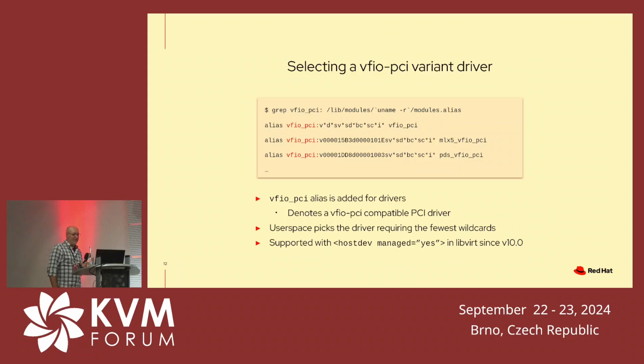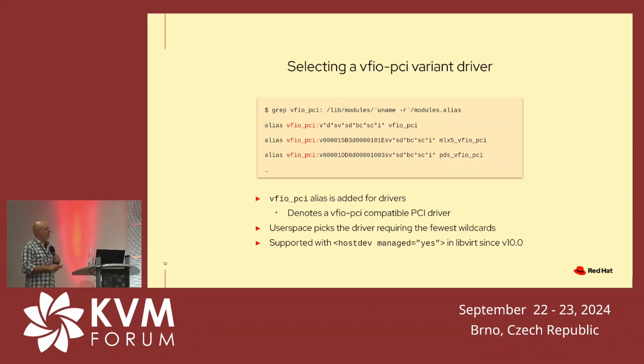So as we add new drivers, we have to deal with how does user space select the correct driver for a device. And for that, we leverage what's already done with kernel modules, making use of module aliases, things like the kmod utilities. So essentially, we take how a driver would typically expose the set of devices that it supports, where it provides an alias, where there might be wildcards in that alias.